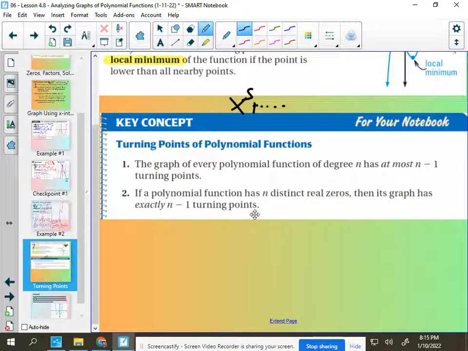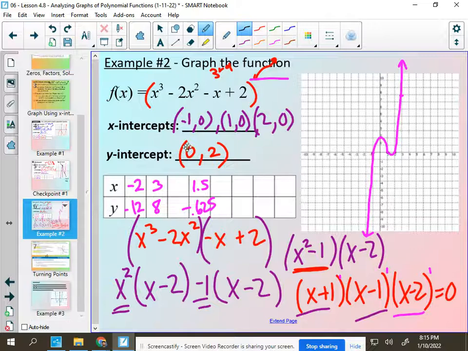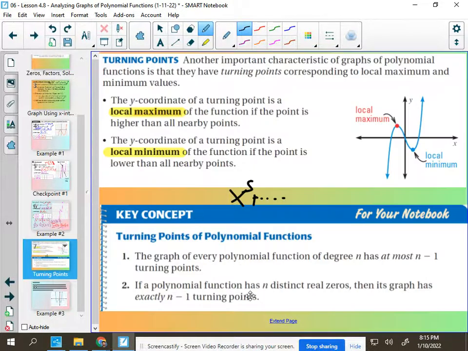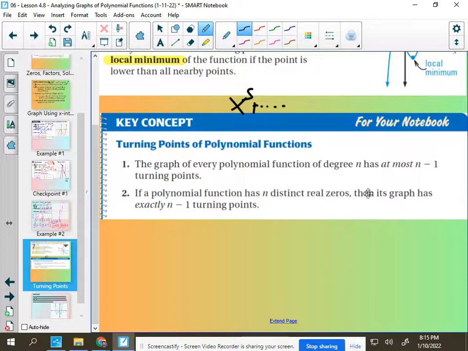And then this one goes right along with that. If you know the graph has n distinct real zeros, so let's do one that actually has, this graph has 3 different real zeros. Distinct meaning different. 1, 2, 3. Then its graph has exactly n minus 1 turning points. So if this is holding true, that had 3 distinct real zeros.